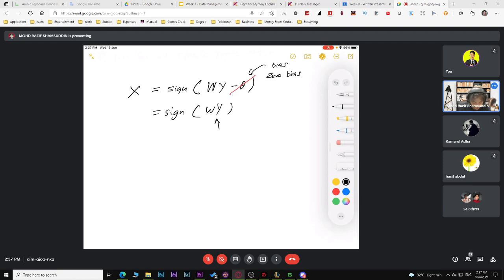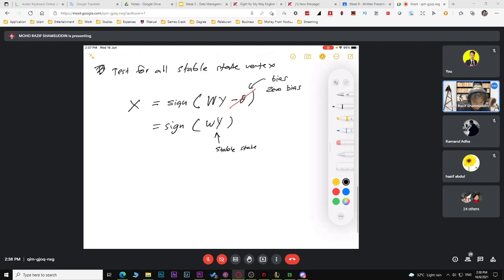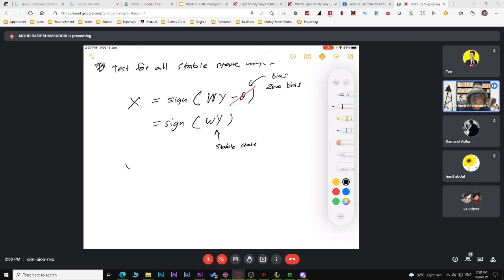Y is the stable state. Now let's try out one stable state: equals sign of the weight times 111.